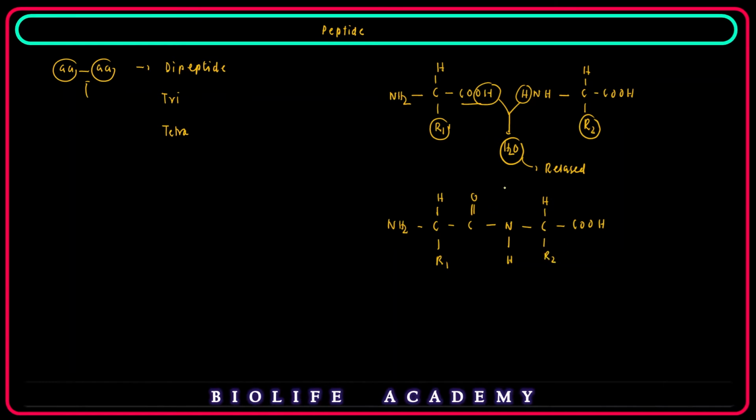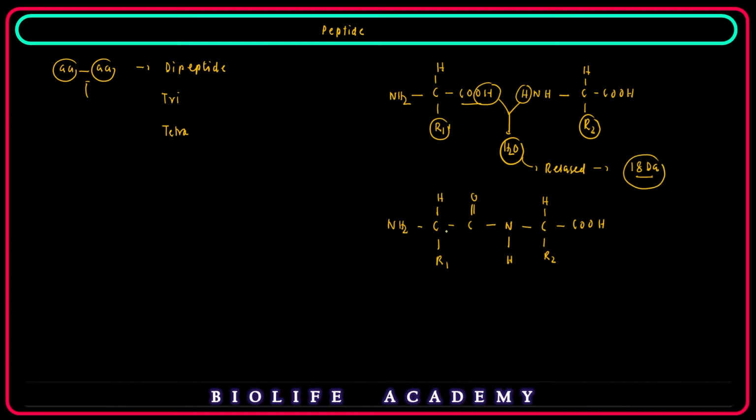If you have seen this in detail, you can see that a water molecule is released. So if a dipeptide is formed, the whole structure will be depleted of a water molecule, that is 18 Dalton, which is a molecule of water.